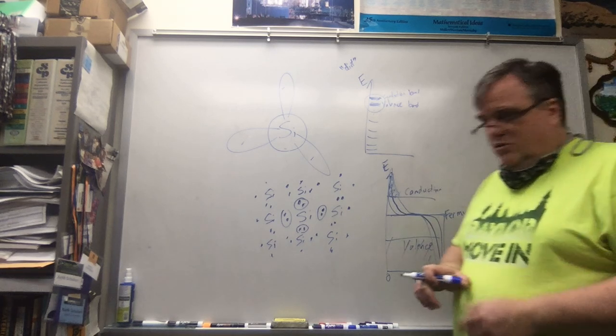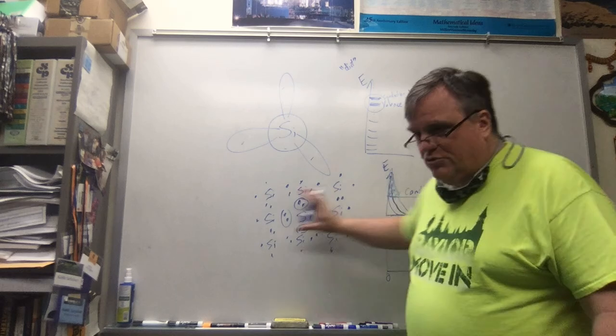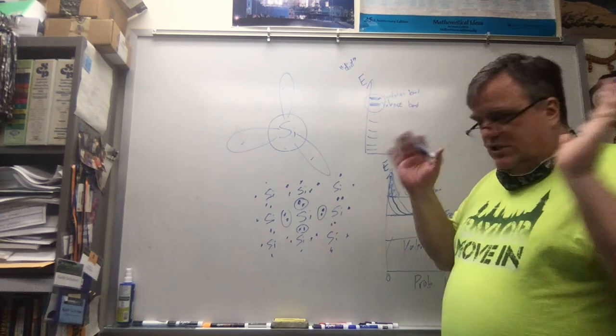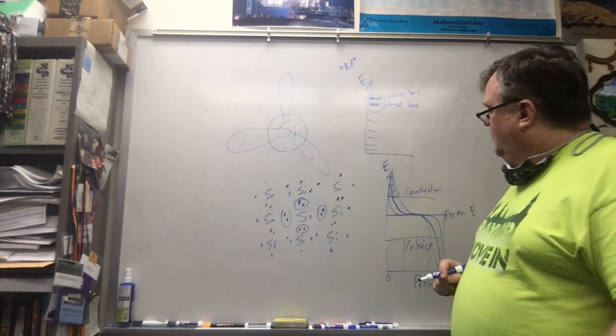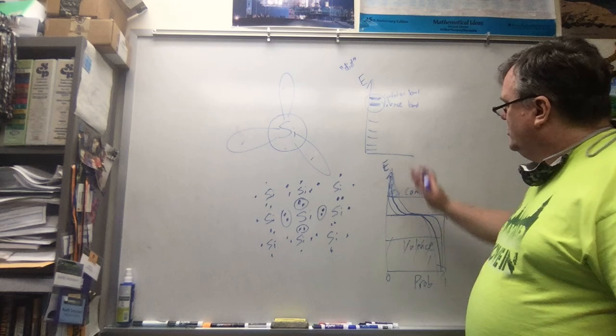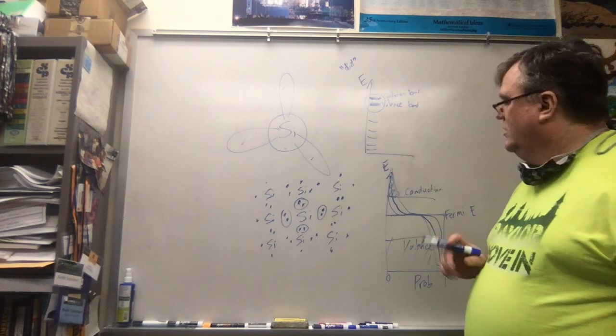Well, this is an intrinsic semiconductor. Intrinsic means it's a pure material, and this is intrinsically, just on its own, what it does, right? And there's a chance, based on these energy levels, where your Fermi energy is, and what your temperature is, that you get electrons up in the conduction band.